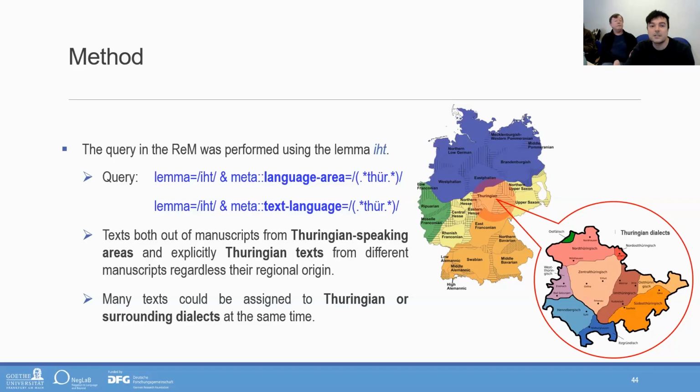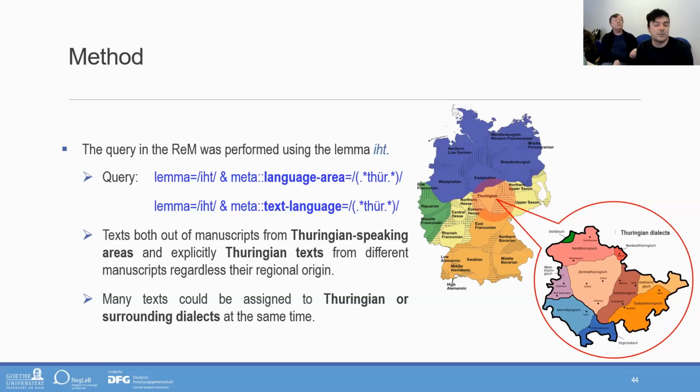So both filters, because sometimes you have manuscripts from other regions that include texts that are also associated with Thuringian. So we looked at both of them. And the result was that not all of them could be associated only with Thuringian.